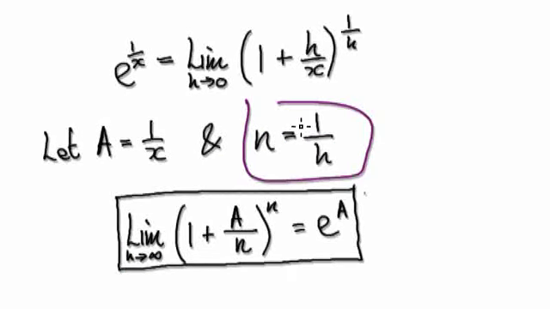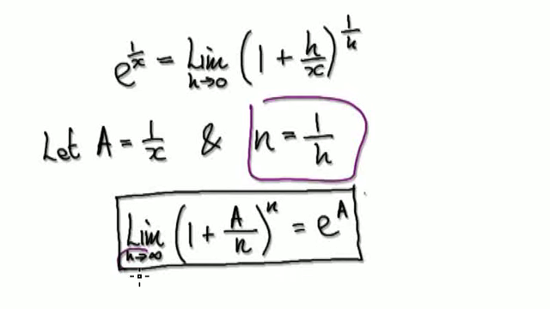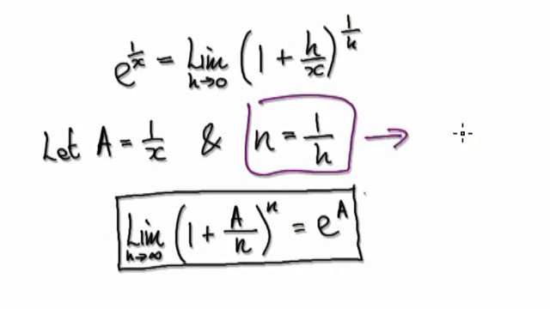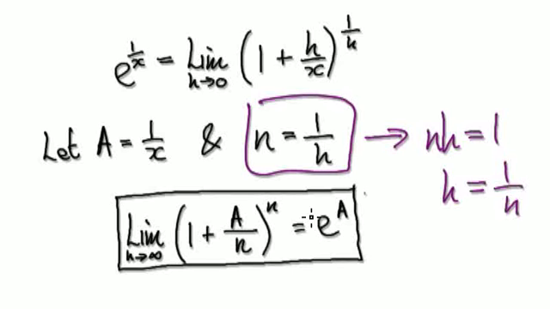By making this substitution, let's work in reverse. Looking at this here, as n heads towards infinity, h is actually heading towards 0. So from here, times both sides by h. That will give you nh equals 1. Divide both sides by n. So that will then give you this here. So if you make this substitution, look what happens.